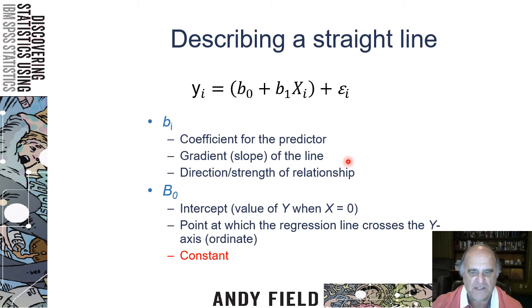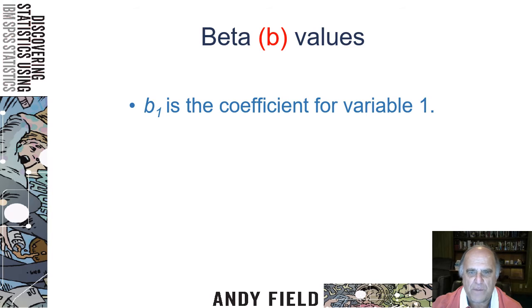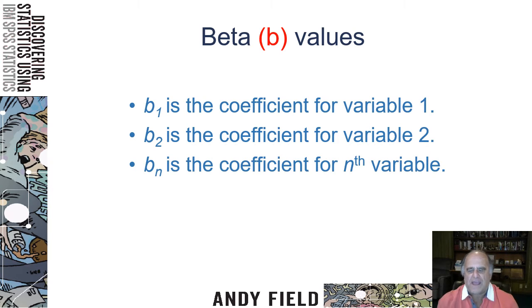It represents the gradient or slope of the line, and the direction or strength of that relationship. So again, beta or b values. When we go to multiple regression, we're going to have more than one predictor variable, and we just number them consecutively. So b1 would be the coefficient for variable 1, b2 the coefficient for variable 2, and all the way up through b sub n, the coefficient for the nth variable.